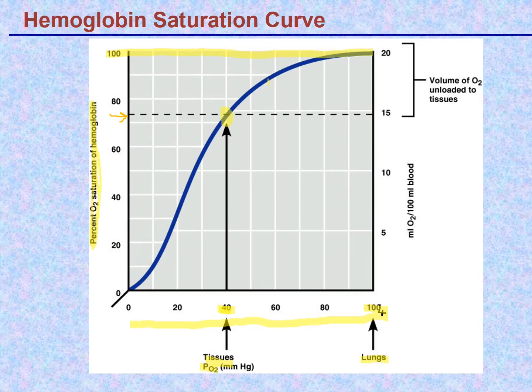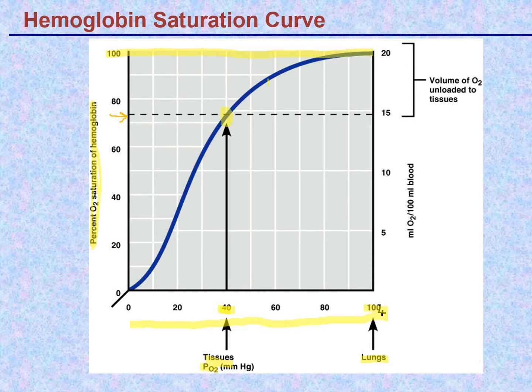Usually this axis is not present in these kinds of diagrams, but it shows the actual amount of oxygen that gets released. It's releasing approximately a quarter of the volume of oxygen. I wouldn't worry too much about this right hand side axis. It's usually not presented in that way.